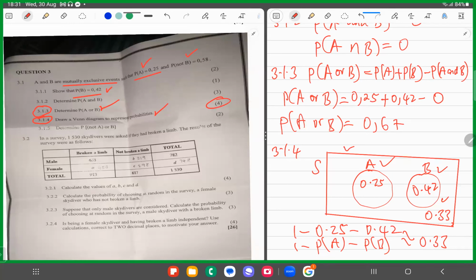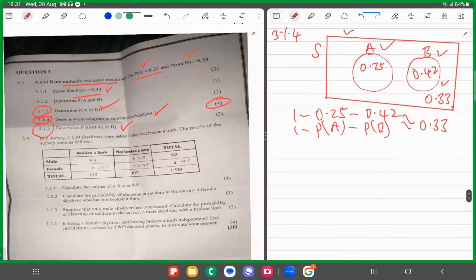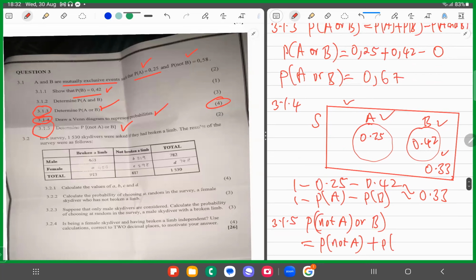Okay. Right. So in 3.1.5, you need to determine the probability of not A or B. Let's look at 3.1.5. So the probability of not A or B is the probability of not A plus the probability of B, so we're using this formula.